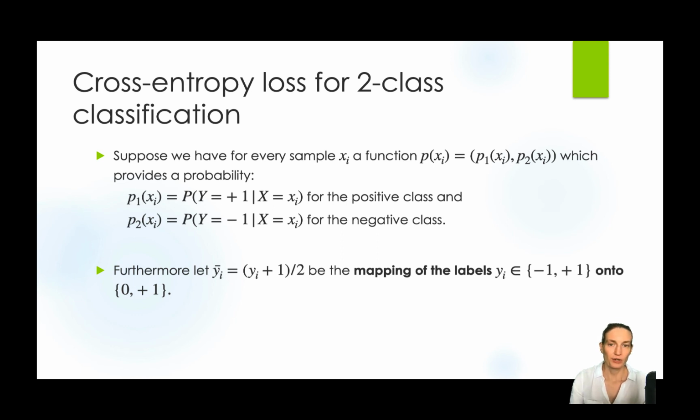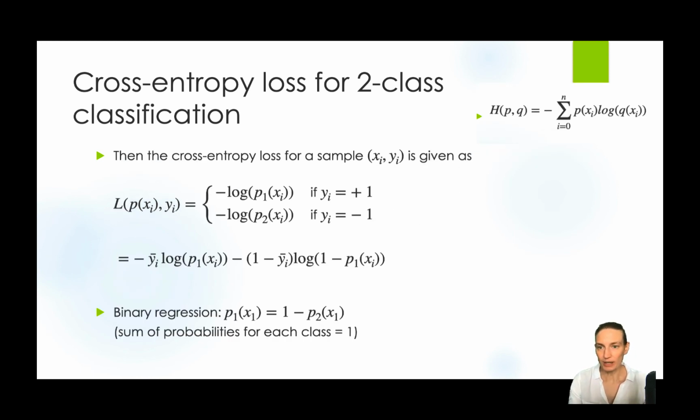We need to map this 0, 1 probability that we had earlier to -1 and +1 class labels. So in order to use this, we need to do a small mapping function. I call it y hat i, would be the mapping of the 0, 1 output to -1, +1.